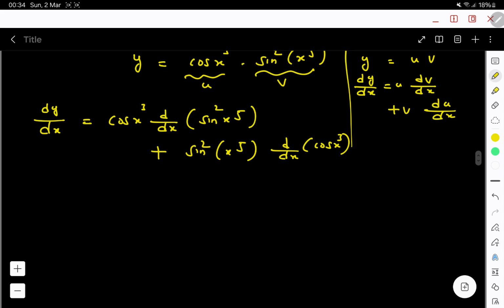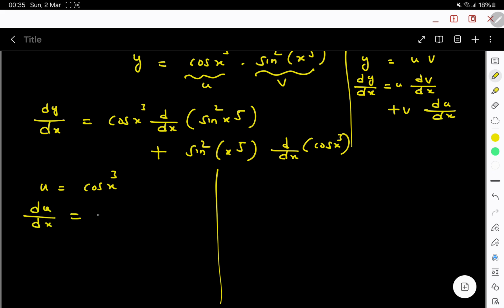Okay, now I am differentiating separately. Now I am taking u is equal to cos x cube, du by dx equal to, differentiation of cos is minus sin x cube, again differentiating x cube by using chain rule.